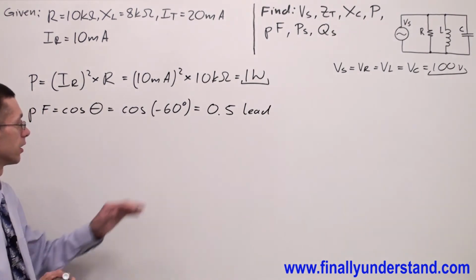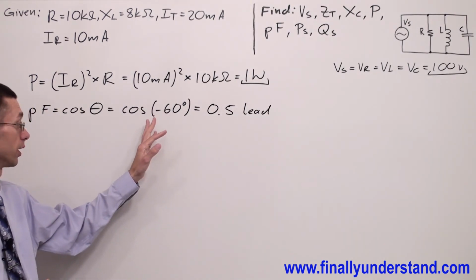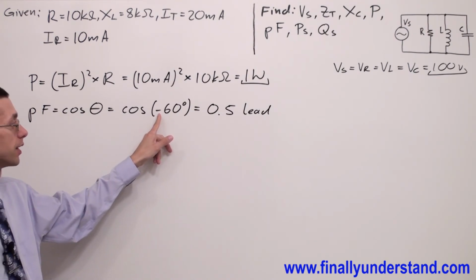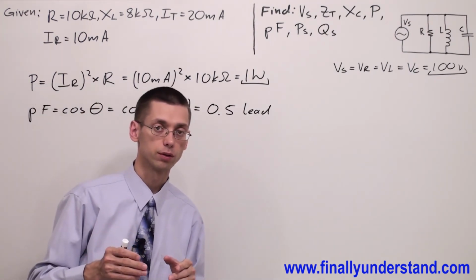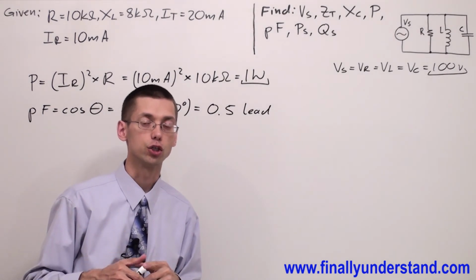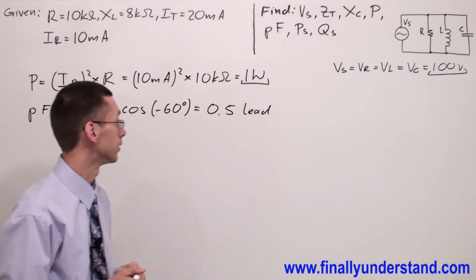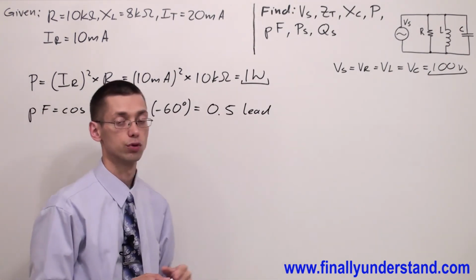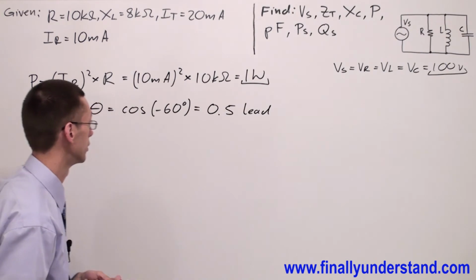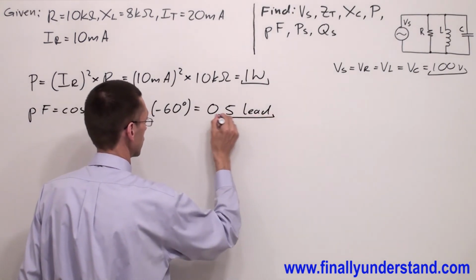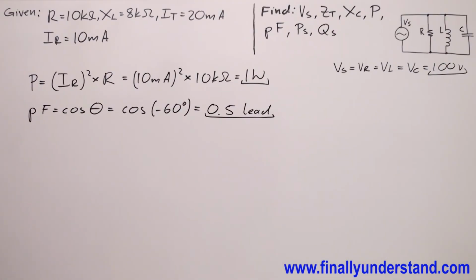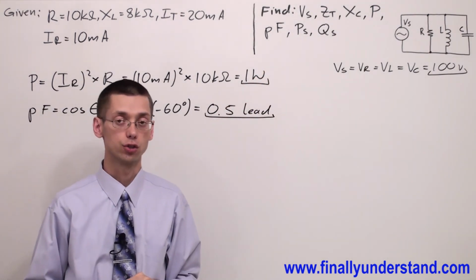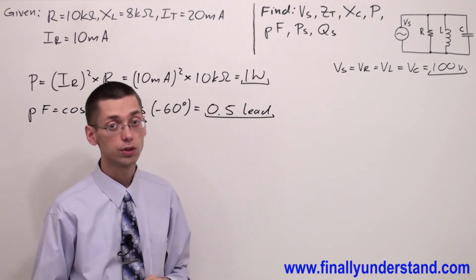Because the angle which is next to Z total is negative, right? So it means that in this circuit, the total current is going to lead the voltage by an angle of 60 degrees. That's why I'm supposed to use the word lead. Okay, so this is the answer for power factor.